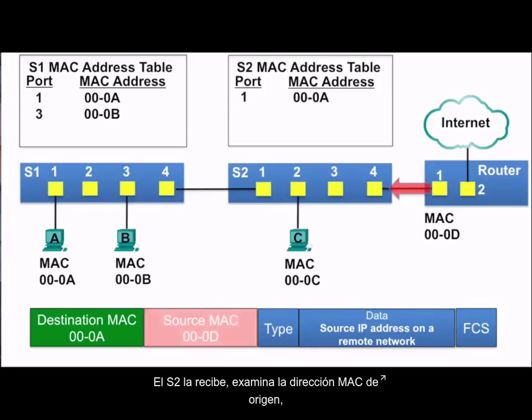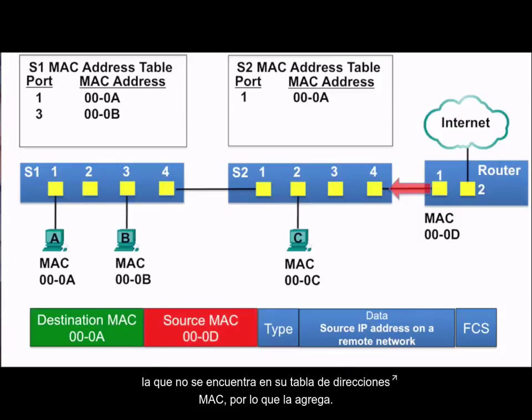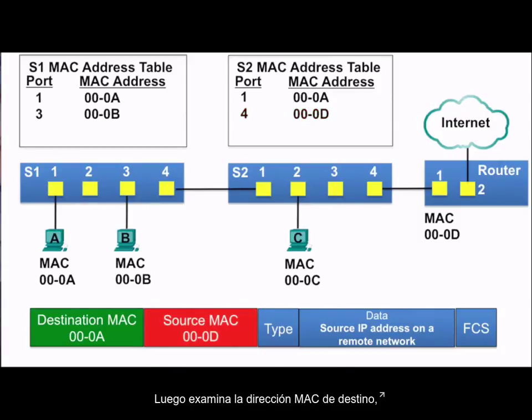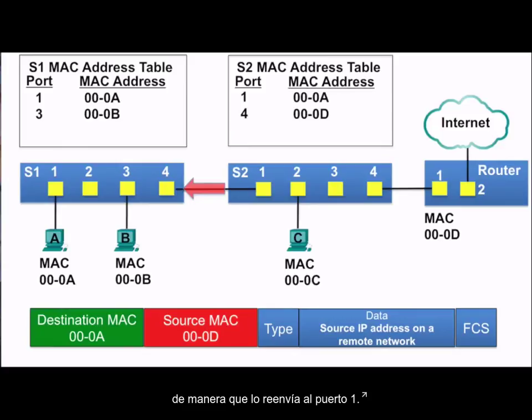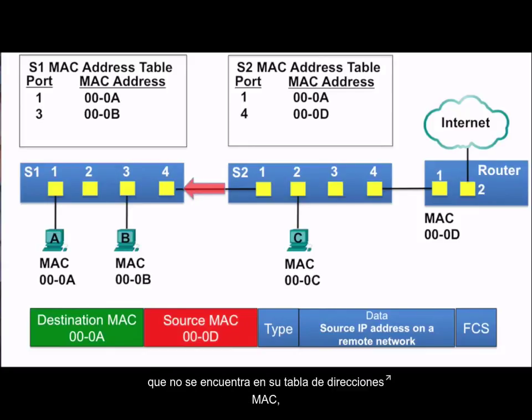S2 receives it, examines the source MAC address, which is not in its MAC address table, so it adds it. It then examines the destination MAC address, which is in its MAC address table, so it forwards it out port 1. S1 receives the Ethernet frame, examines the source MAC address, which is not in its MAC address table, so it adds it to its MAC address table.